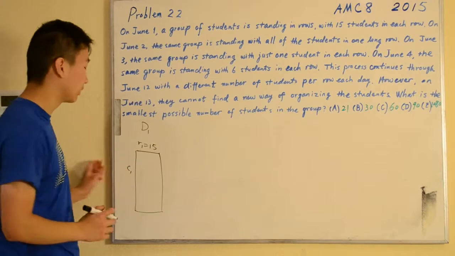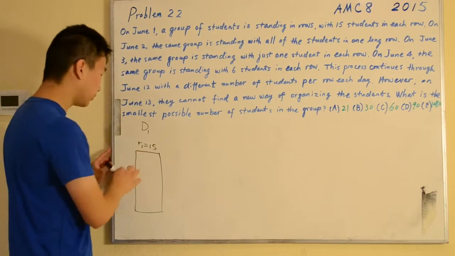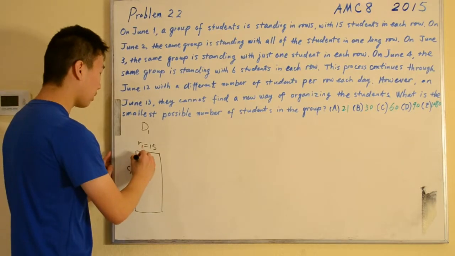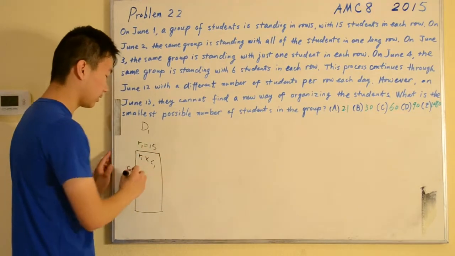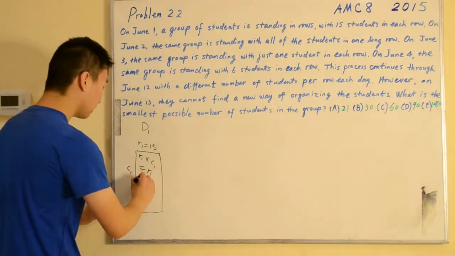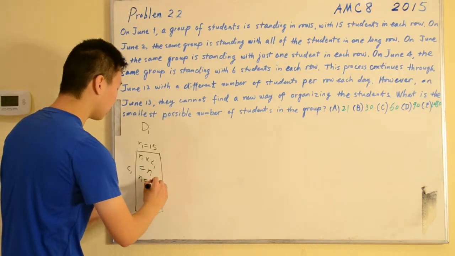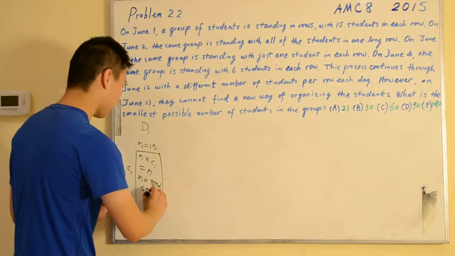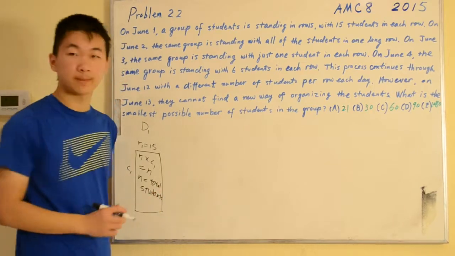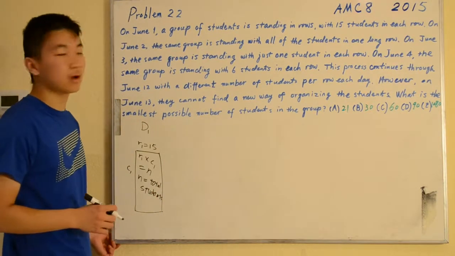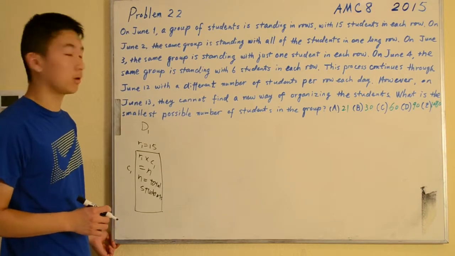Let's call that C1. We do not know what C1 is, but we do know that R1 times C1 equals some number n, where n is the total number of students. So on June 2nd, the same group is standing with all the students in one long row.